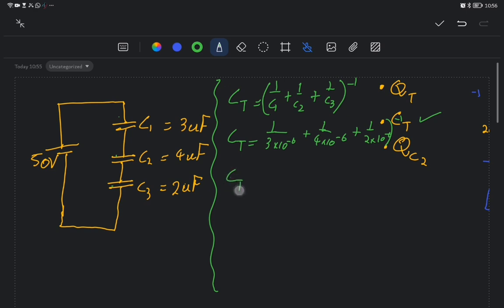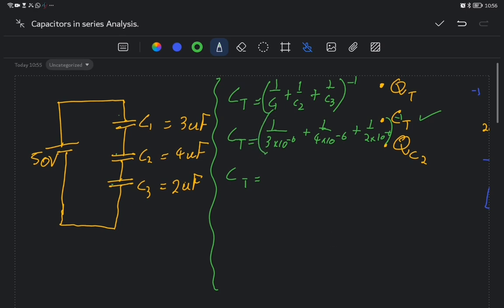Now C total, remember, put brackets there. Let's punch that in our calculator. It's still gonna come out in microfarads. You have to put the times 10 to the -6, we can just disregard it at the end.